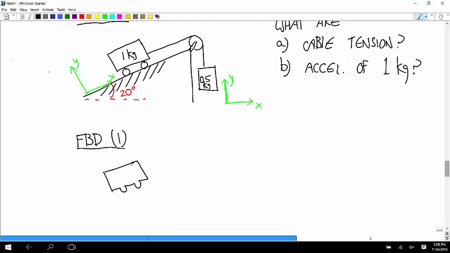Okay, so we have a downward weight force of 9.81. We have the normal force from the ground, and then we have a cable tension, because that's a pulling force away from the chosen body.